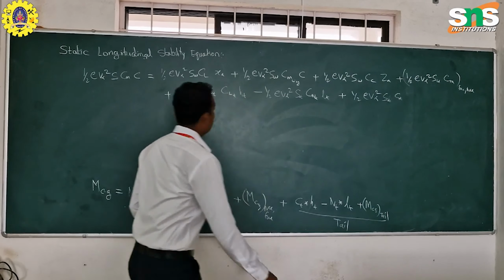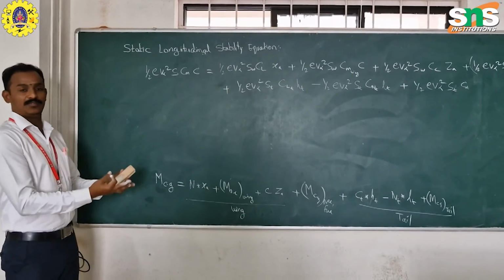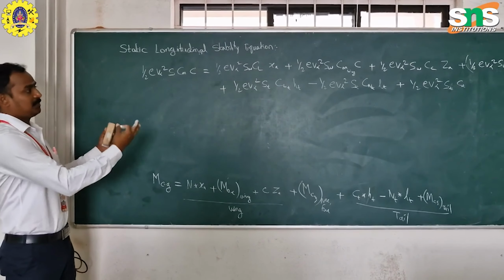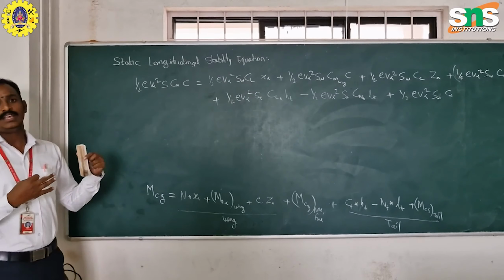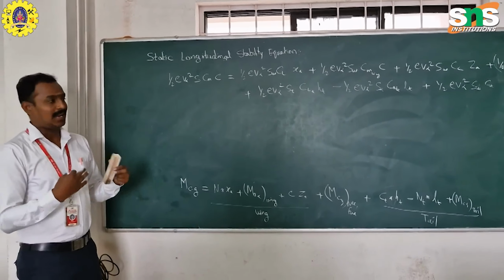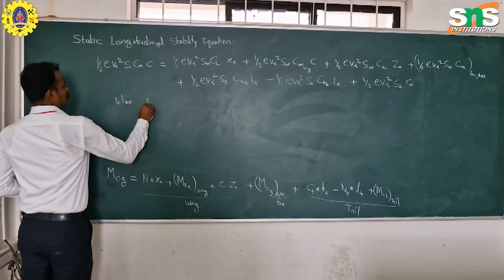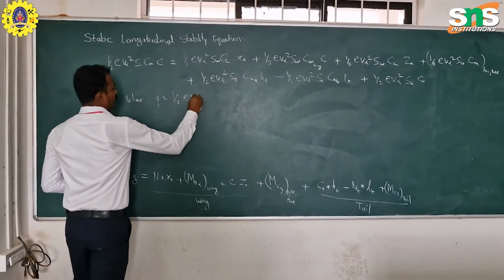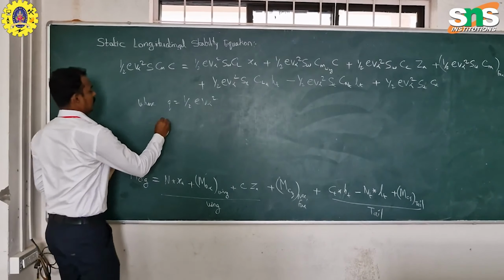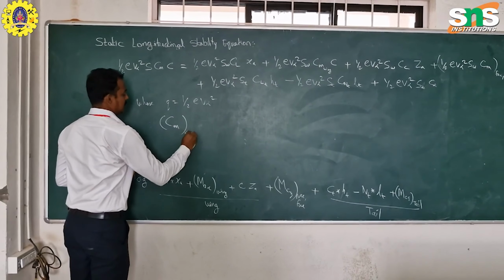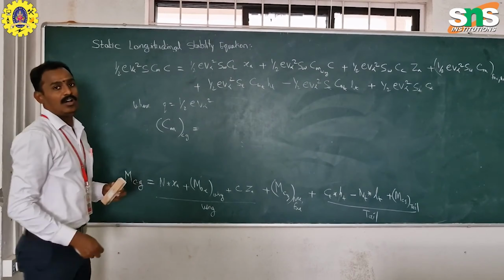So these are the normal force, the chordwise force and the moment, which represent the interaction of dynamic pressure as well as the moment coefficient, lift coefficient and drag coefficient. Where Q equals dynamic pressure, that is half rho v square. So now we can get the CM at the CG by removing all dynamic pressure.